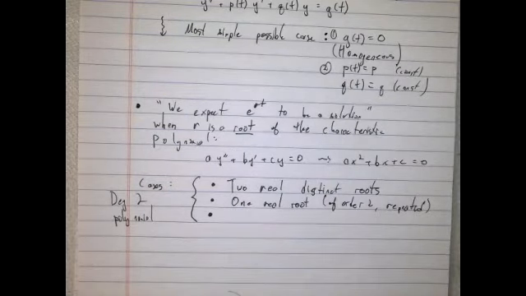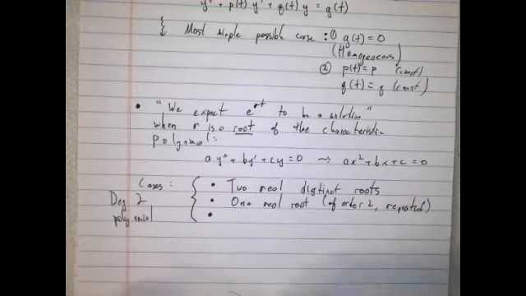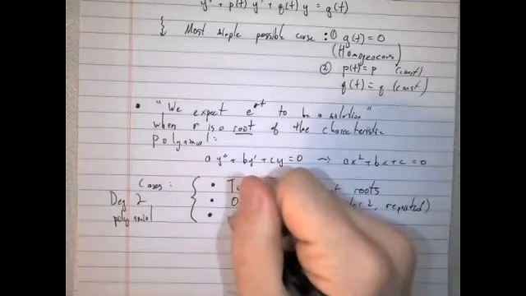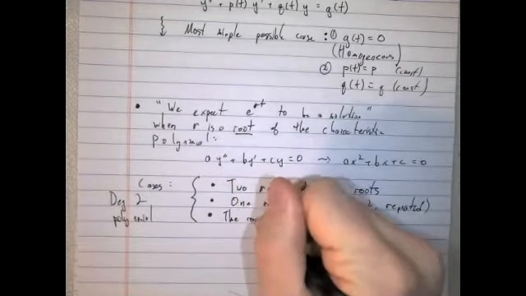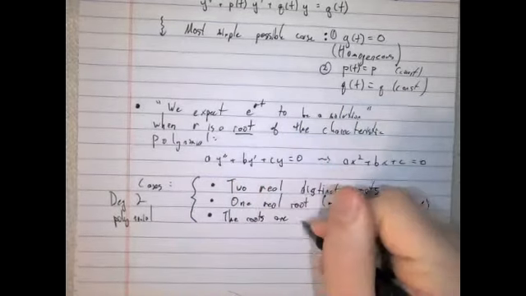Can I have two totally random complex numbers be the roots of a degree 2 polynomial with coefficients in the reals? They have to be like conjugate. Mm-hmm. The complex numbers must be conjugate to each other. The roots are complex conjugates.